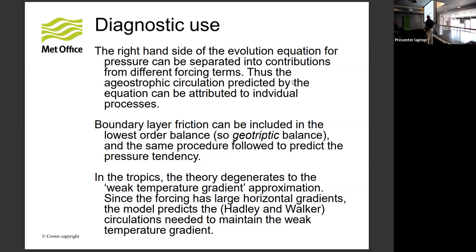But I don't think this is totally trivial, so why use this model? What happens is the forcing has large horizontal gradients. Tropical convection, for instance, has huge spatial variations in the tropics, with land, sea and mountains, and just natural variability of convection. That means the ageostrophic circulation needs to remove the horizontal temperature gradient that convection is trying to create, and that is actually a very good model.